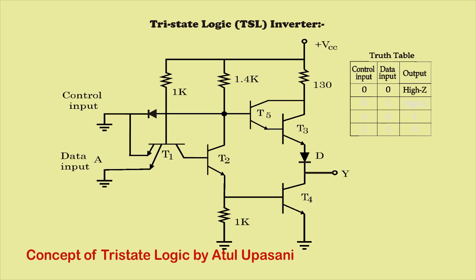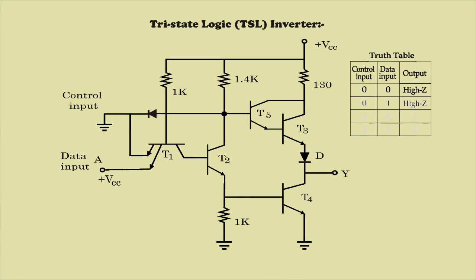Now let's move to the second condition. Suppose control input is still connected to 0 and data input is now changed to high. Let us see. If control input is 0, then the current from the collector of T2 is still sinking towards the ground. So the same condition is there, that is T5 will be off, and if T5 is off, then T3 will also be off.